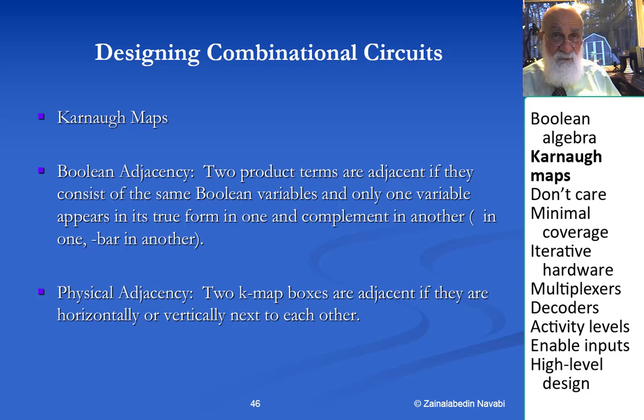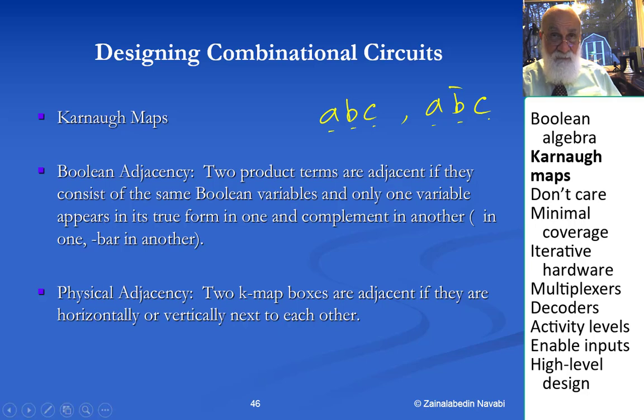Let's cover some terminologies. Boolean adjacency. Two product terms are Boolean adjacent, like A, B, C and A, B bar, C, if they consist of the same Boolean variables, like ABC, ABC, and only one variable appears in its true form in one and in complementary form in another.